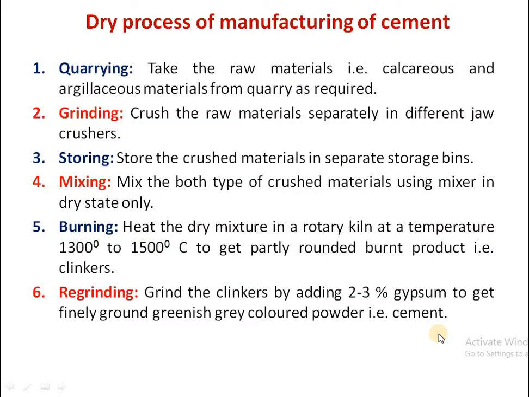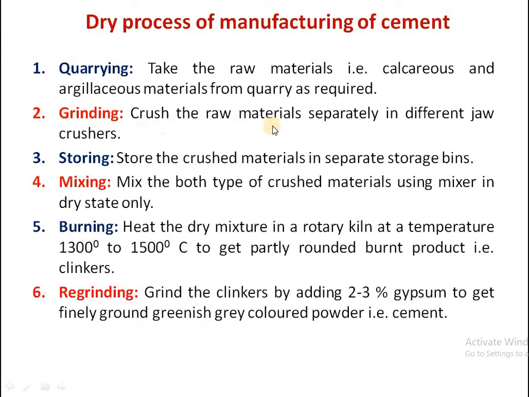So let us see the dry process of manufacturing of cement. The very first step is quarrying. We should take the initial raw materials, that is calcareous and argillaceous materials, from the quarry as per requirement. Whatever these two types of materials are, they should be taken as per requirement from the quarry itself. After that, grinding.